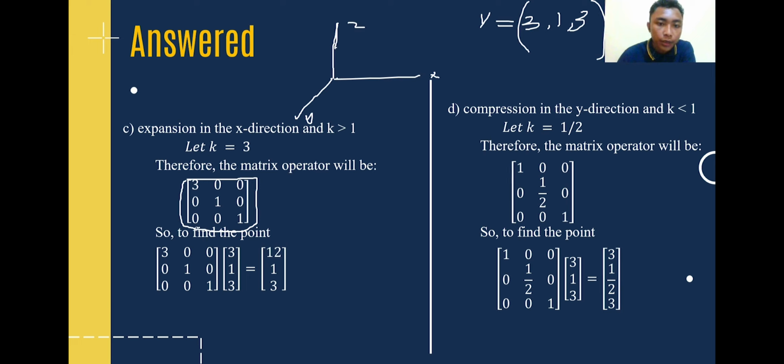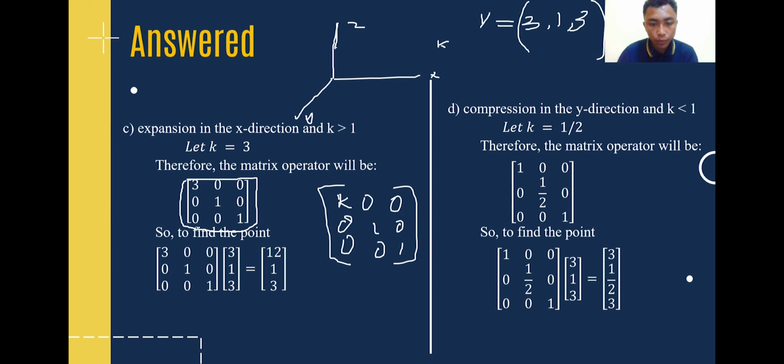So we will make the value in the x coordinate, in the x axis, multiplied by k. So what does this mean? We can see the formula is 3, 0, 0, 0, 1, 0, 0, 0, 1. That means the formula for the x direction is k 0 0, 0 1 0, 0 0 1.